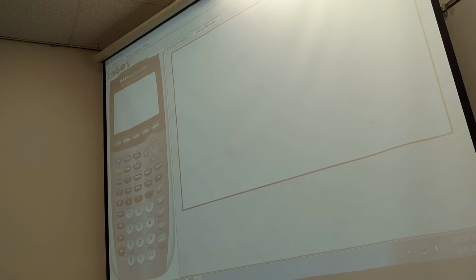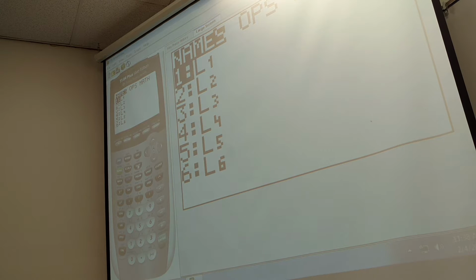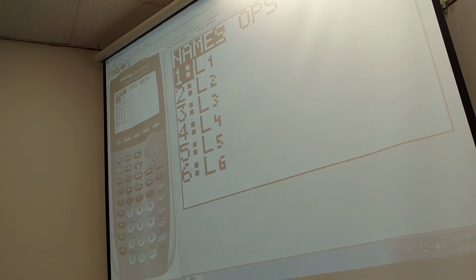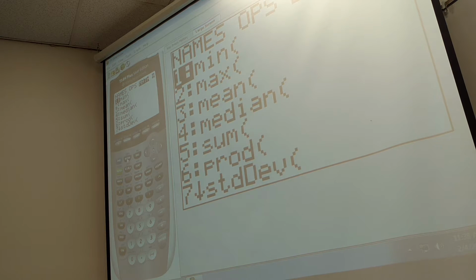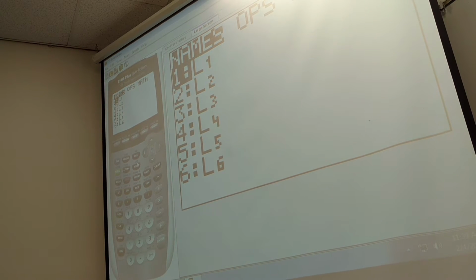What was I doing? Oh yes. If you go to second stat, go to list. Because what do I want to do with this? I want to add them, right? And again, everything I'm doing right now is in case I gave you like 38 data points. I want to plus 2, plus 7. So everybody, let me do this again. Hit second stat to go to list. And then I can do stuff to my lists.